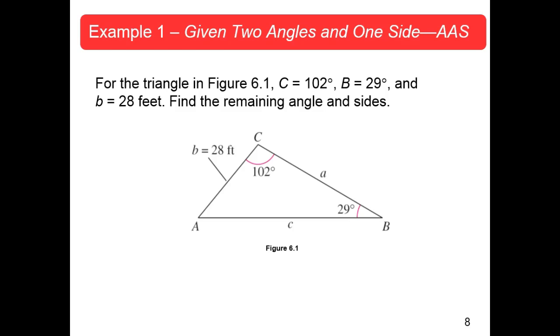Which do you think is the easiest to determine? If you know the two angles and one side, what is it? By the way, this would be an angle-angle-side case. You could call it a side-angle, but they usually call it angle-side. What do you think is the easiest one of those three remaining things to find?